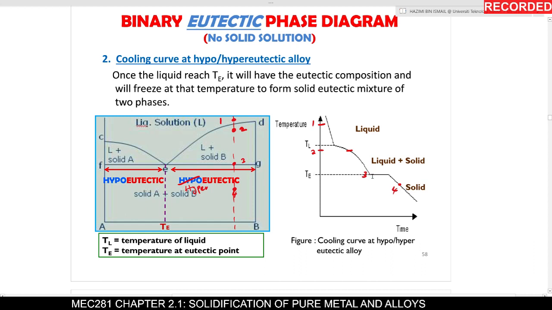This is the eutectic temperature, and that line is also known as the solidus line. Then we cool down more until we reach point 4, where we have only solid.